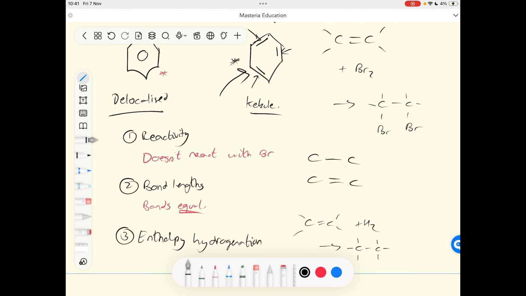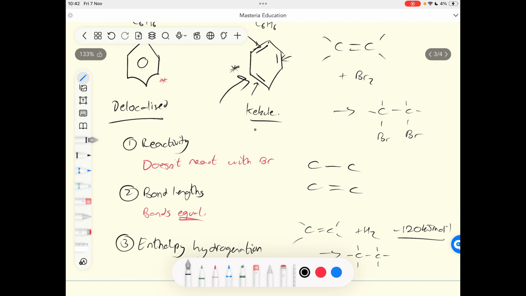Now, the enthalpy of hydrogenation for an alkene, like ethene, for example, is about minus 120 kilojoules per mole. The exact number isn't super important, but you just need to know that it's exothermic. What we'd expect for Kekulé's model, therefore, is it would be 3 times that, because there are 3 double bonds here. Each double bond is minus 120, so we'd expect it to be about minus 360 kilojoules per mole.